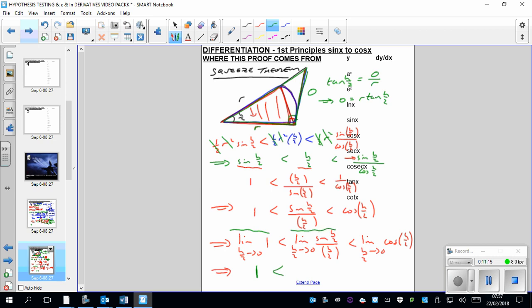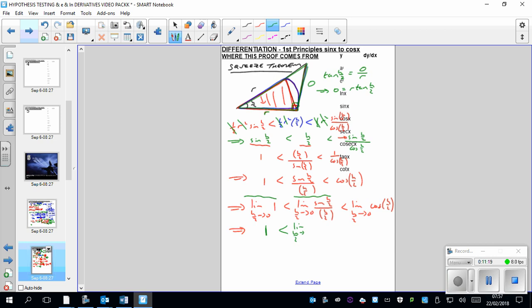Still got this thing in the middle, the limit as h over 2 tends to 0 of sine h over 2 over h over 2. And then I've got this side. As h over 2 tends to 0, cos of 0 is 1, isn't it?